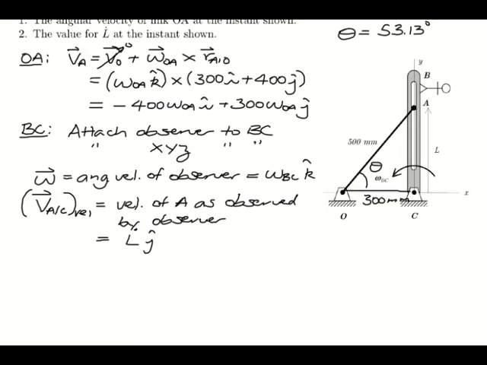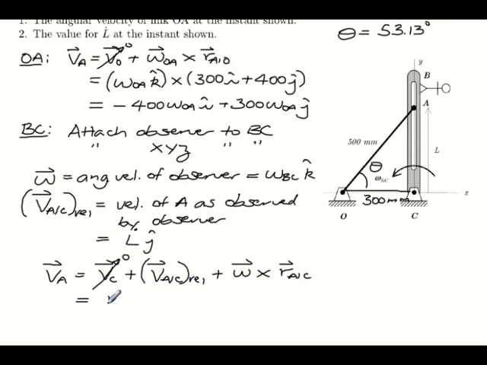Okay, so with those two pieces of information, I can now use the moving reference frame velocity equation to say that VA is equal to VC plus velocity of A as seen by our observer plus the omega for our observer crossed with the vector which goes from C to A. C is a pin joint.